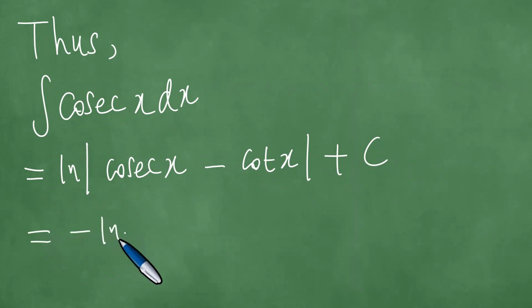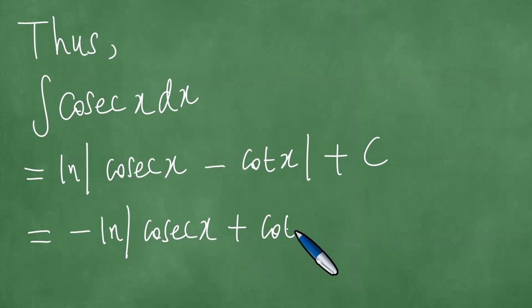And it is minus the natural log of the cosecant of x plus the cotangent of x plus c. All right, so that is what we have.